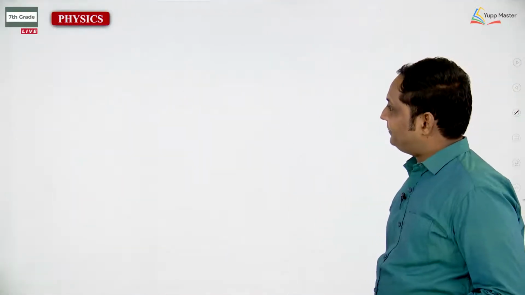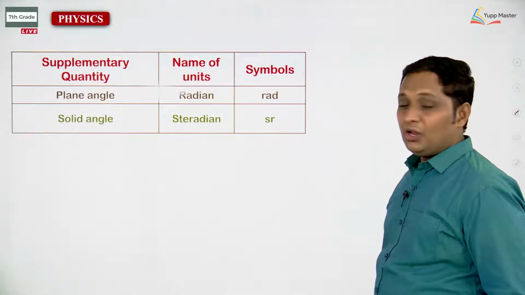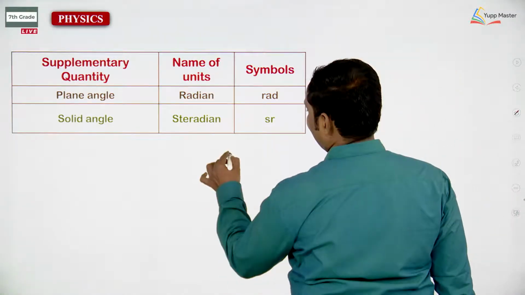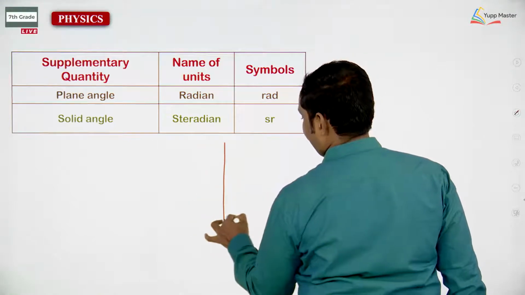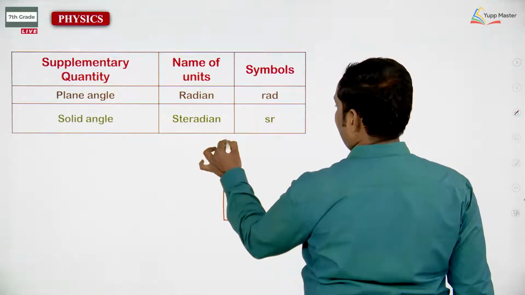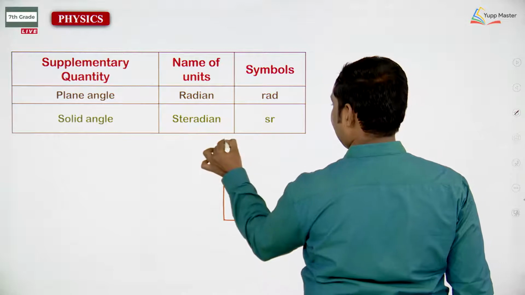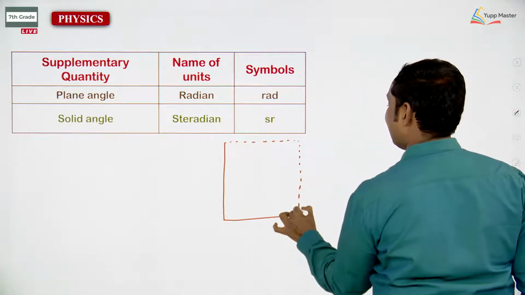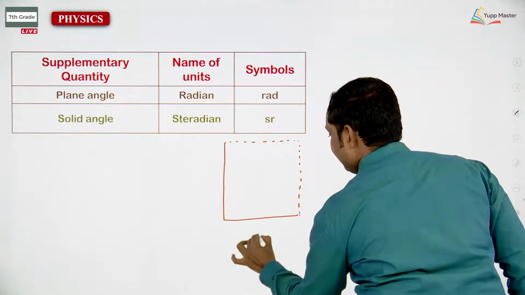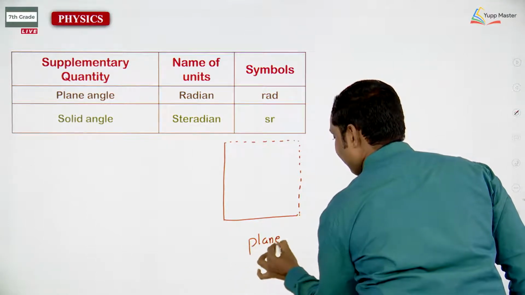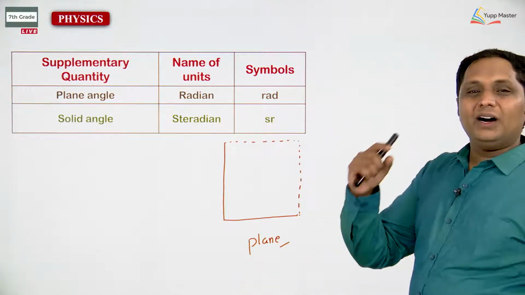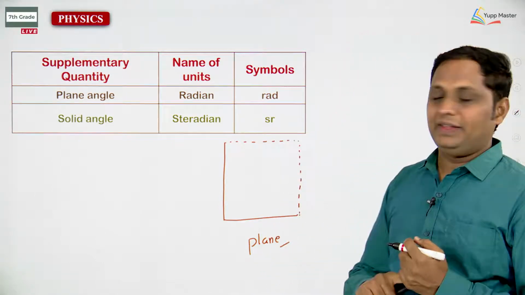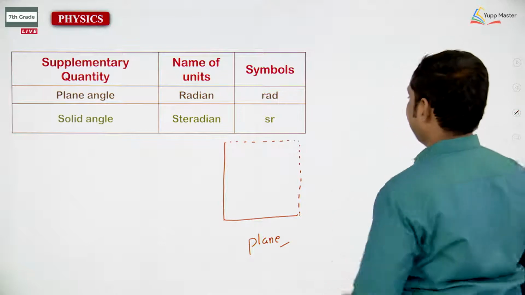Let's go for another one. If it is going to be taken as a plane, yes, it's a plane, you can take that. This is one plane. The motion of a particle is limited to a plane.